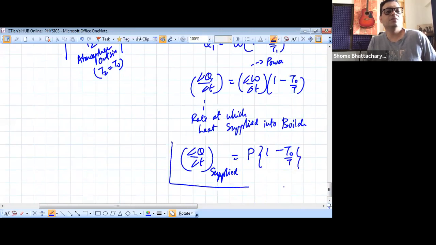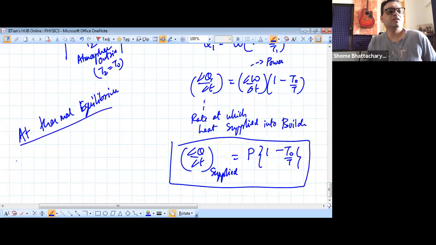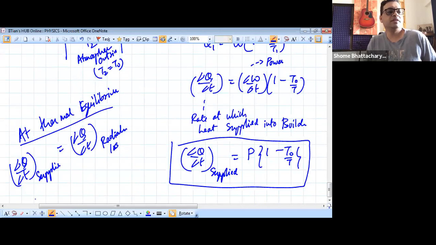So now at thermal equilibrium, what should happen? My delta Q by delta T supply should be equal to delta Q by delta T radiation loss. Okay guys, so hope you are understanding this now.